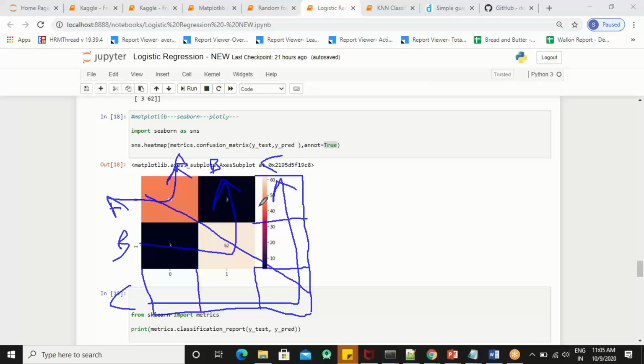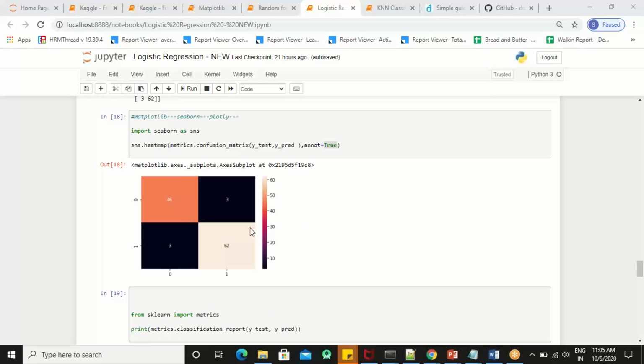And then there is something known as misclassification rate in the confusion matrix, like how many records are misclassified. So true positive plus true negative divided by the total gives you accuracy. Misclassification rate is the two errors, type 1 and type 2 errors का sum divided by the total.